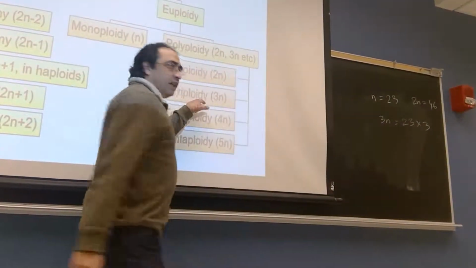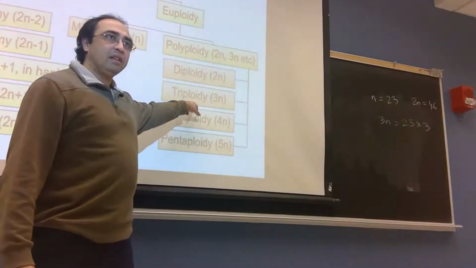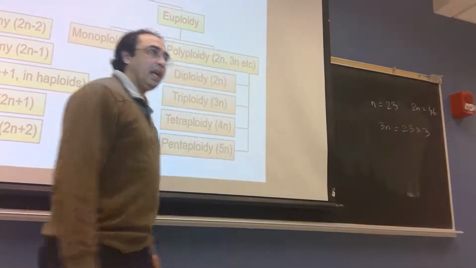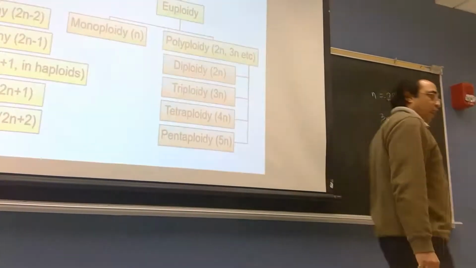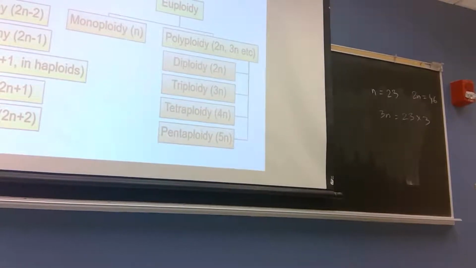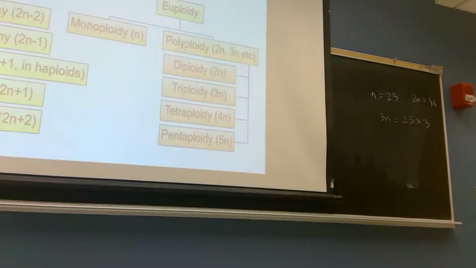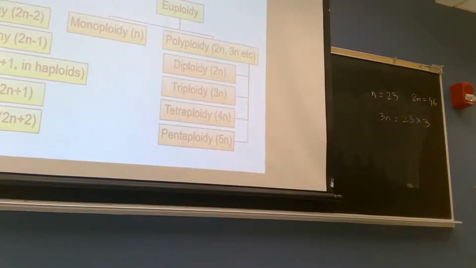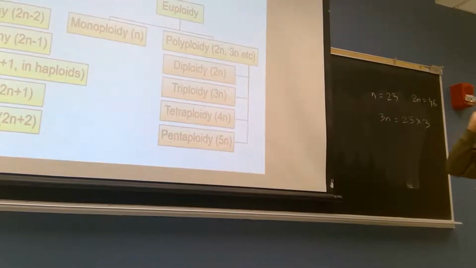So triploidy means 3n, in our case 23 into 3. In Drosophila, it is 4 into 3. In some other species, it is their number into 3. So the whole set of 23 chromosomes is present 3 times. Clear difference between these two?